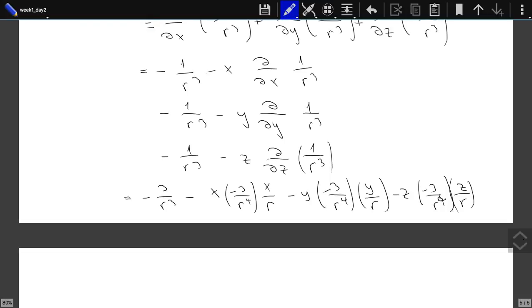There's another minus sign that makes a plus 3 over r to the 5. What remains is x squared plus y squared plus z squared, but that is also r squared. So it's equal to minus 3 over r cubed plus 3 over r to the 5 times r squared.